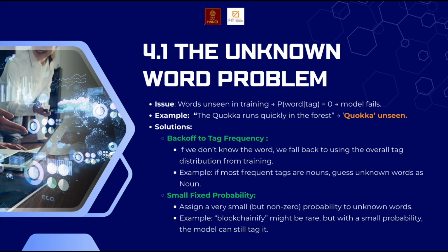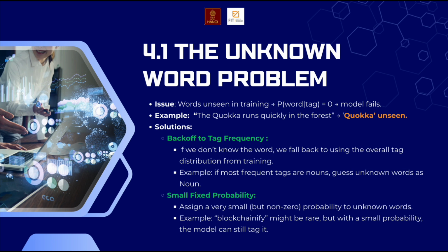First, we use a backup approach where we assign probabilities based on the overall frequency of each tag in the training set. For example, if most of the words in the training data are tagged as noun, the model might guess that an unknown word like quokka is a noun.